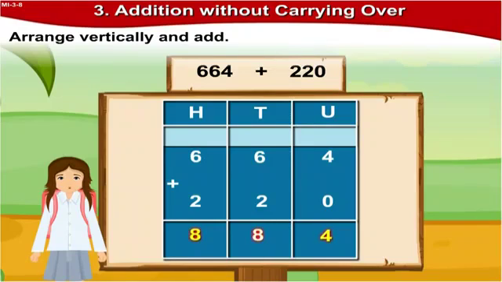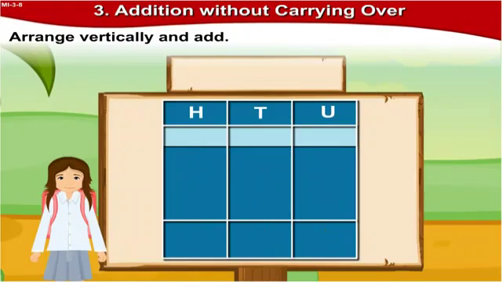Now let us see the next sum. 421 plus 351. First we'll arrange them vertically. Let's write HTU. Now 421 is 400, 2 tens, 1 unit, plus 351 would be 300, 5 tens, 1 unit.